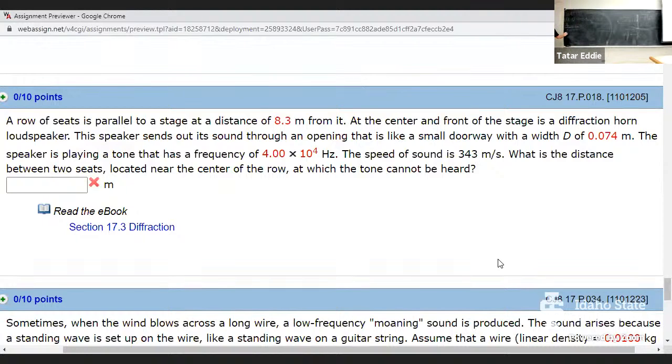And therefore, the distance y that we're looking for is equal to 2 times x multiplied by tangent of the angle theta. And this should be the answer.